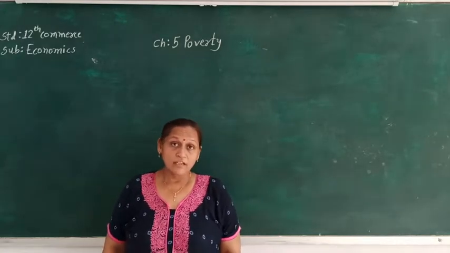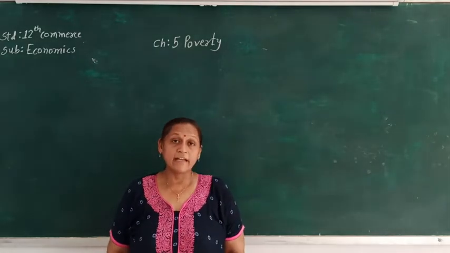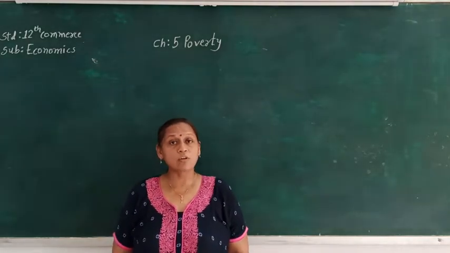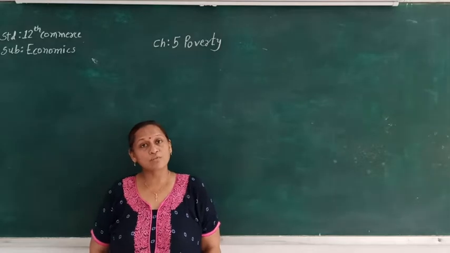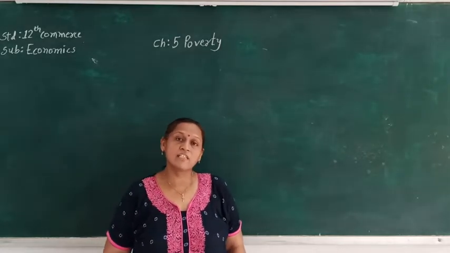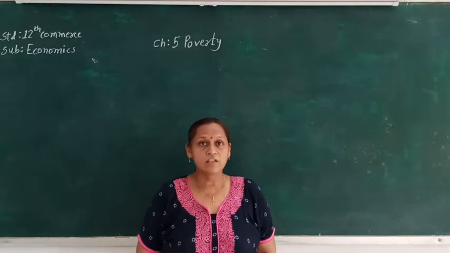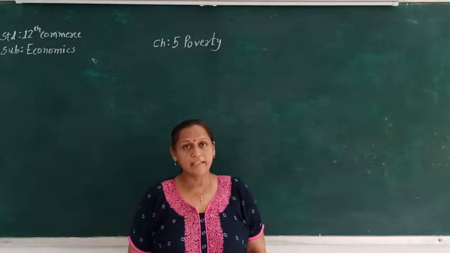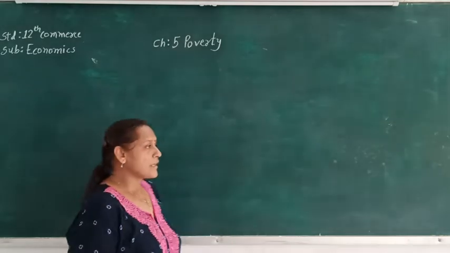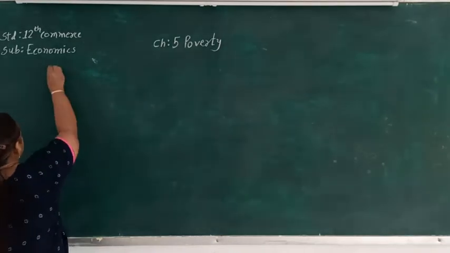We are going to see various countries and their per capita household expenditure, and from that we can come to know which country falls under which category. So the very first indicator of poverty is low per capita household expenditure.